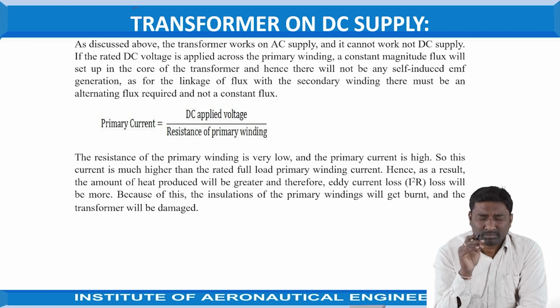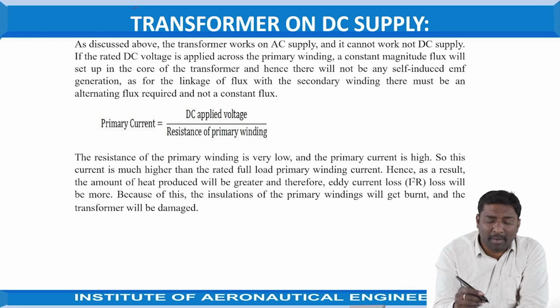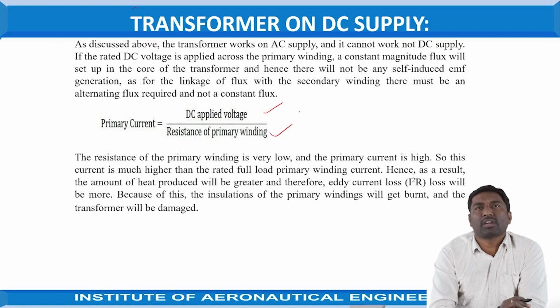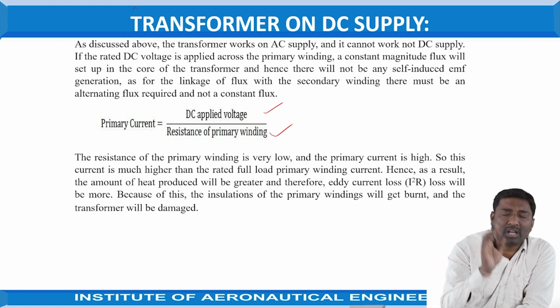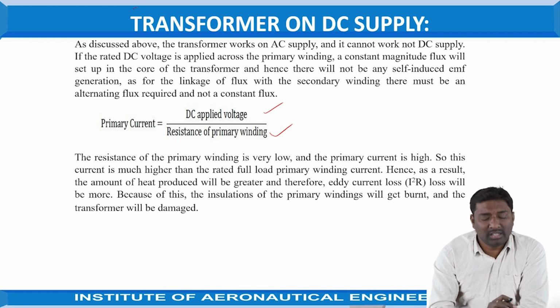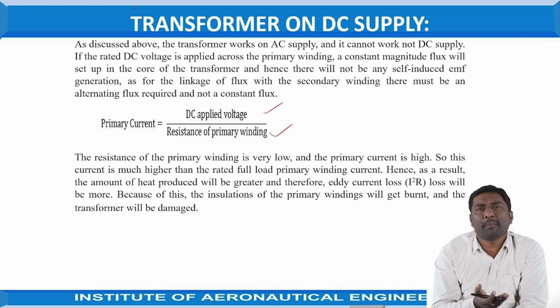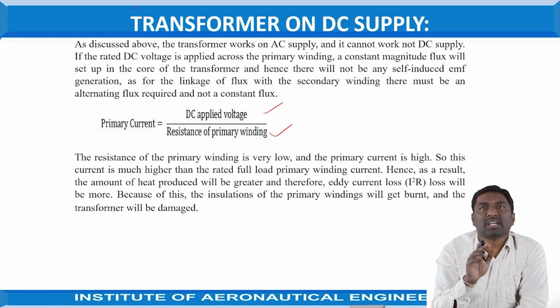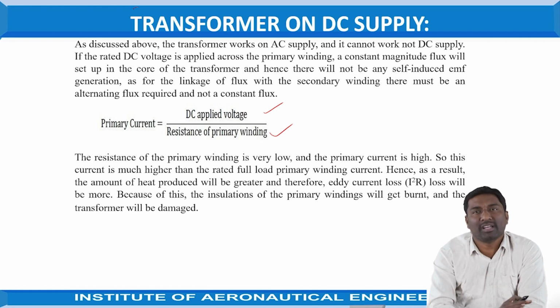Then the primary current will be equal to the DC applied voltage divided by the resistance of the primary winding. The resistance of the primary winding is very low, so the primary current is high, much higher than the rated full load primary winding current.